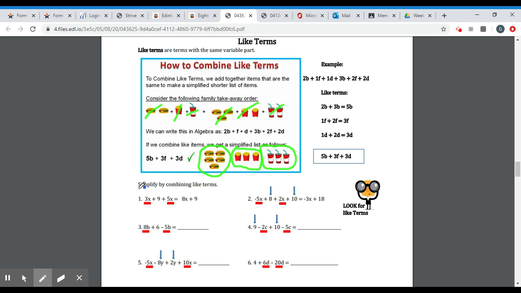So they want us to simplify, basically combine like terms. So here I have 3x plus 9 plus 5x equals 8x plus 9. Okay, so I want to combine my like terms. Well, notice that on the left side of the equal sign, I have 2 different x's, but they both have the same variable.